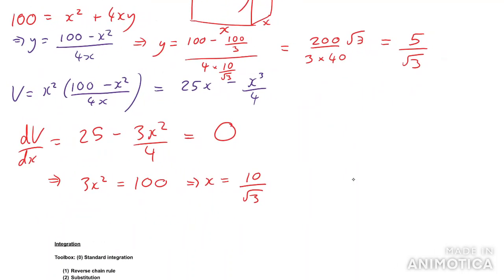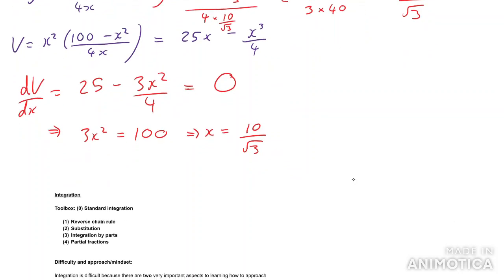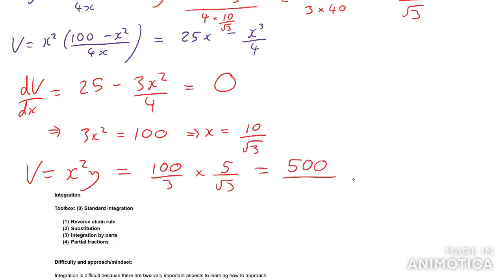And so the height apparently is half that of the base. And our volume then, finally solving the question, is x squared y, which is going to be 100 over 3 times 5 over root 3, or 500 over 3 root 3. Or if we want to rationalize that, it's going to be 500 root 3 over 9.